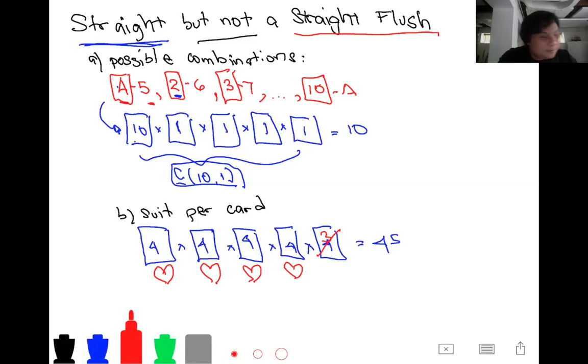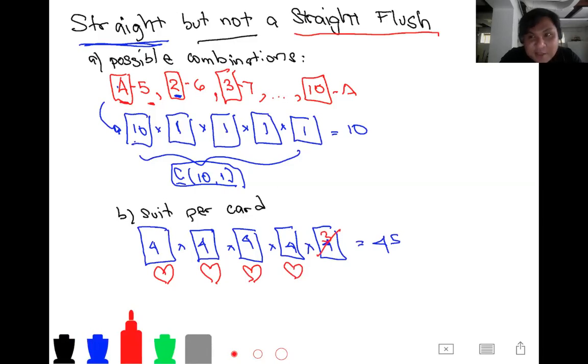All right? Okay? So this 3 here is a guarantee that it would turn out as a different suit, as opposed to the first 4, which have a possibility of turning out to be from the same suit because you're choosing one suit out of the 4 possible suits.